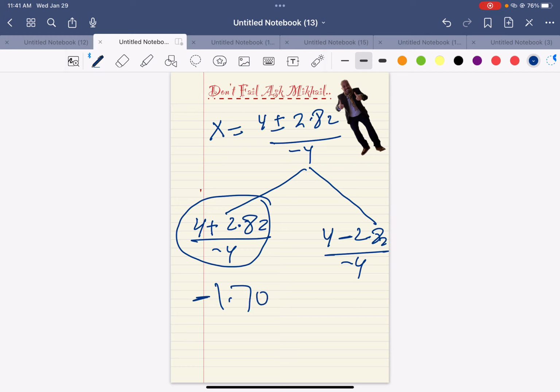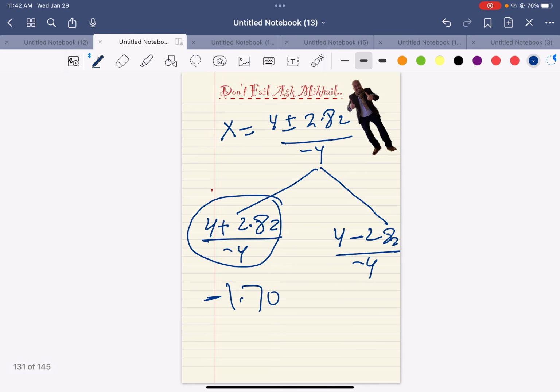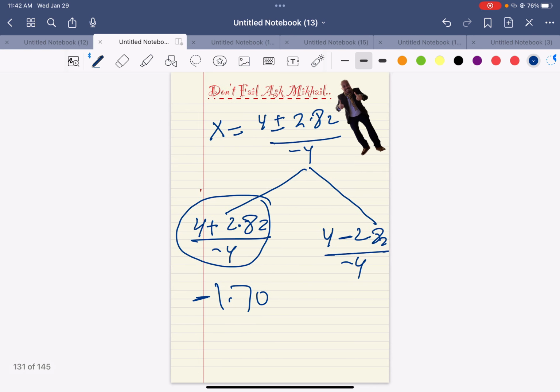How about the other one? 4 minus 2.82, divided by negative 4, gives you about negative 0.3.